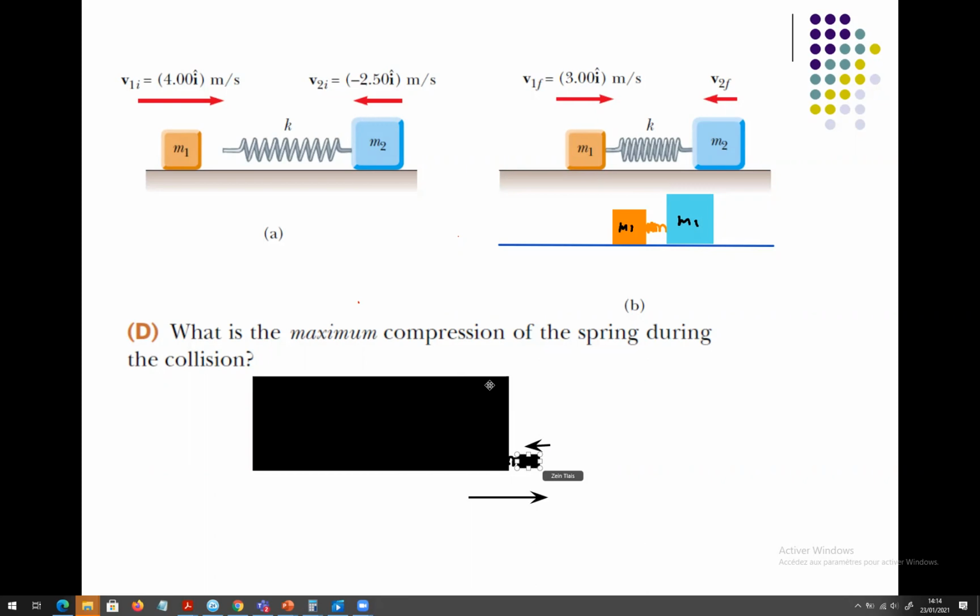So at the maximum position, the system has the same velocity, but it will be to the right because we have a big object here.